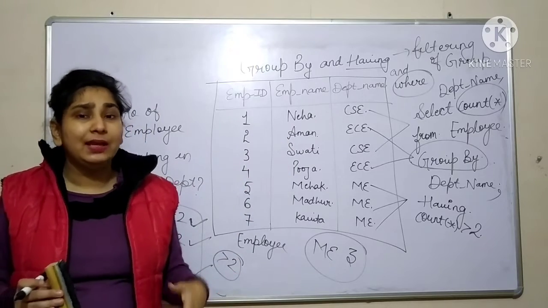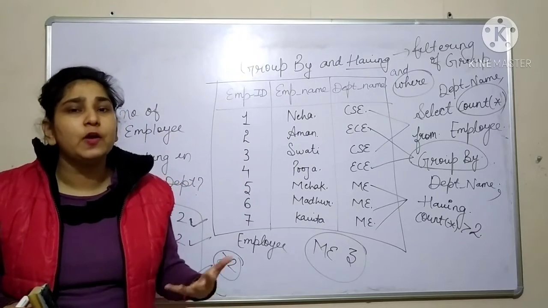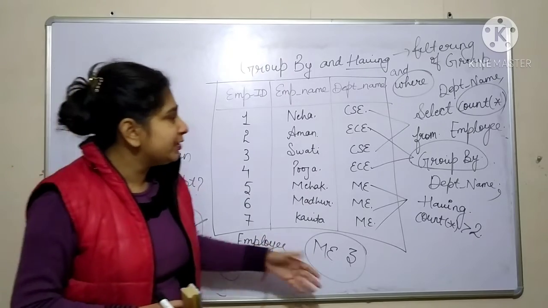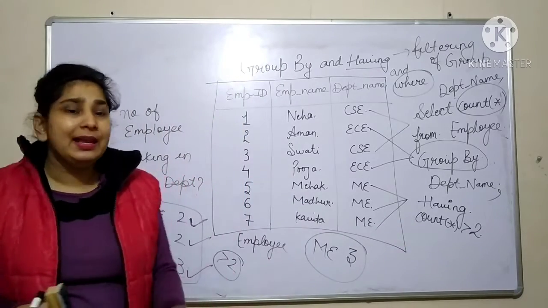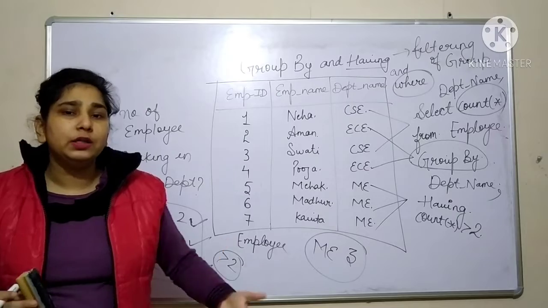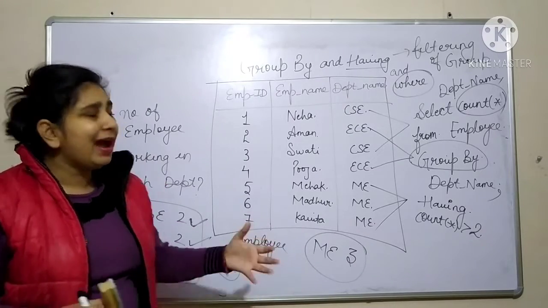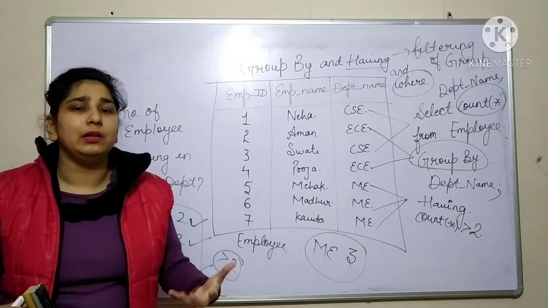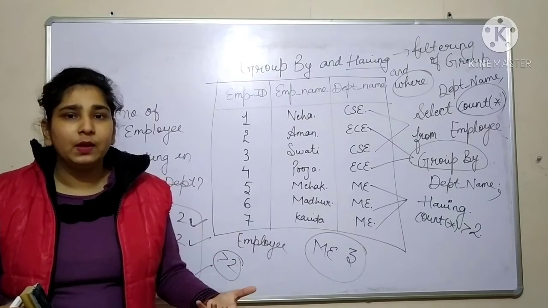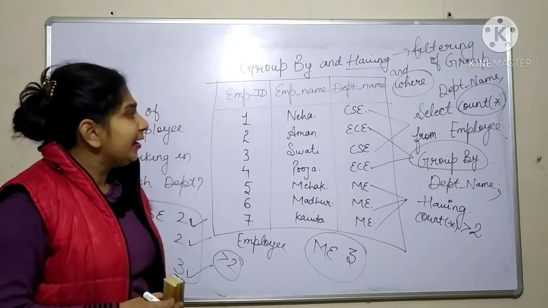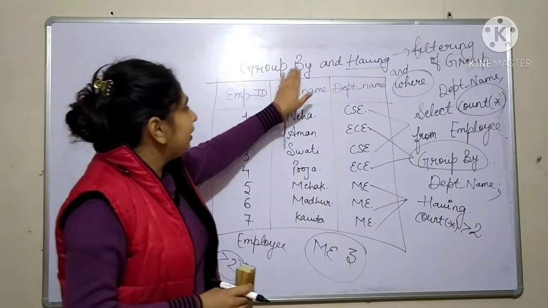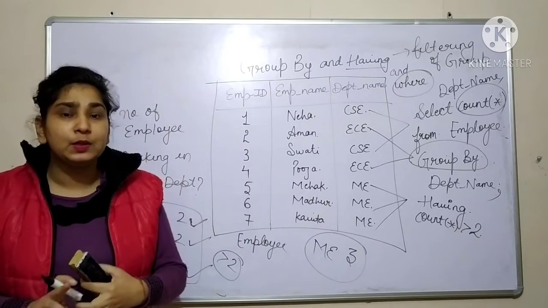We are not aware of that. We just write this simple query, and whatever work we want, all that work is done. So we are providing a very simple user interface. I hope that you are clear with group by and having clause.